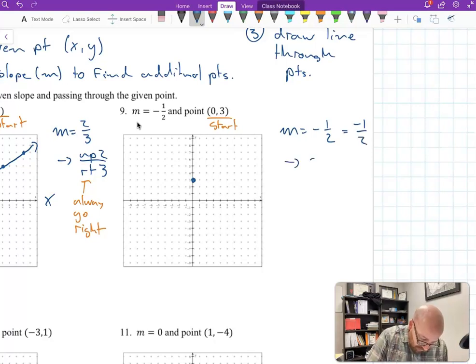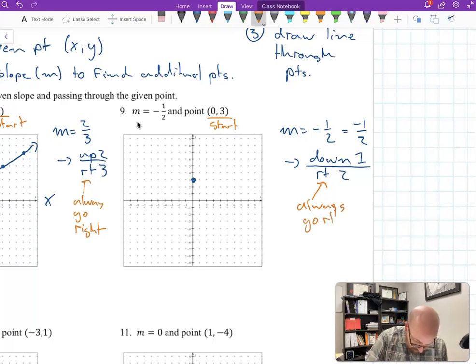This means that we are going to go down 1 to the right 2. Again, to start off, we always go right to get started. We're going to go down 1 to the right 2.